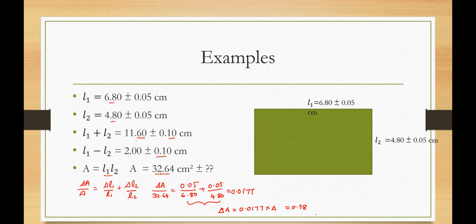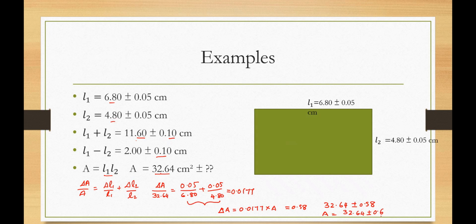Now, how to write the final answer? So we can write this as 32.64 plus or minus 0.58. However, the general rule is to express uncertainties to one significant figure. Therefore, the answer will be 32.64 plus or minus 0.6.